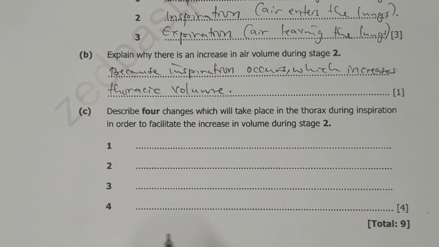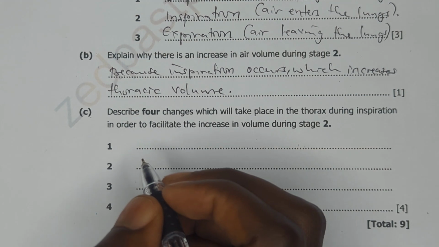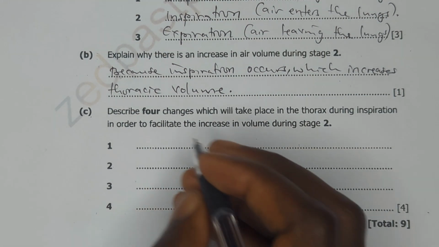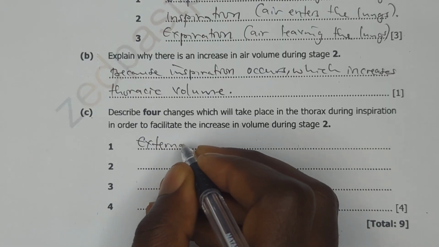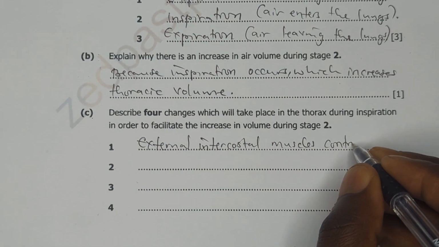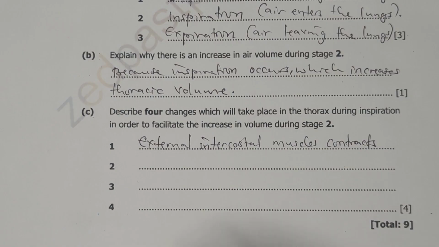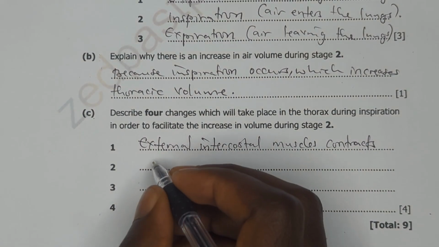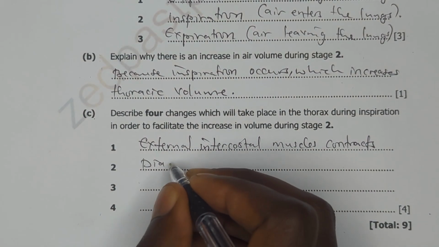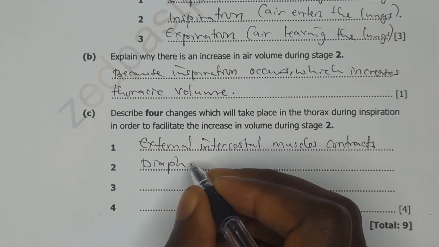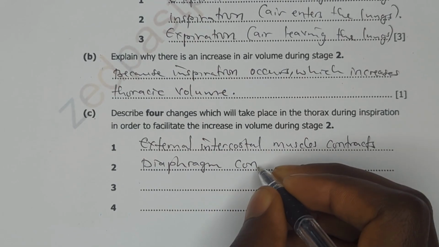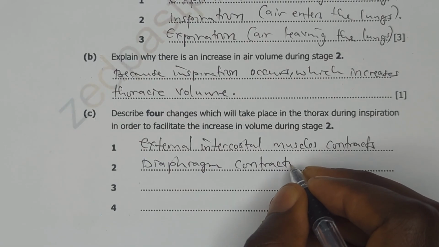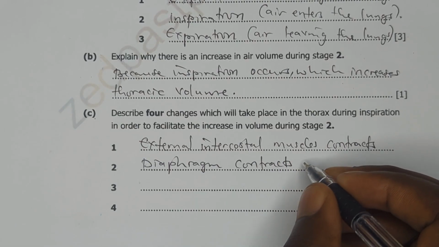So when you breathe in air, the stages that happen are: number 1, external intercostal muscles contract. The other point, point 2, the diaphragm contracts also and flattens downward.